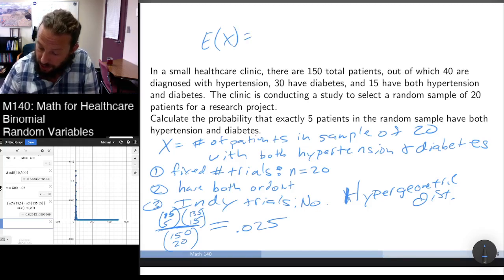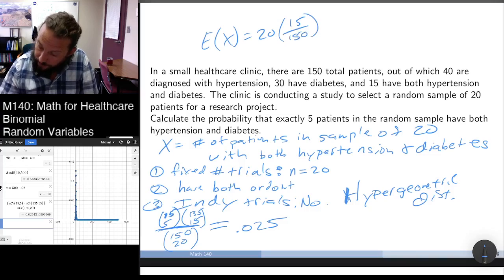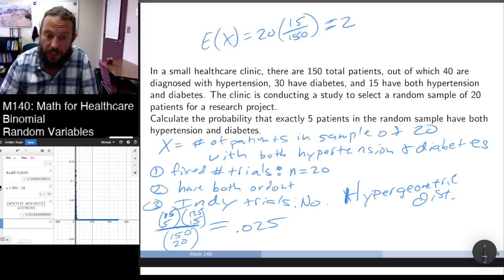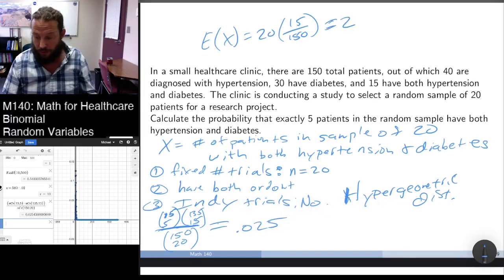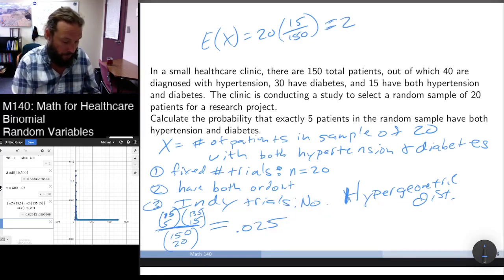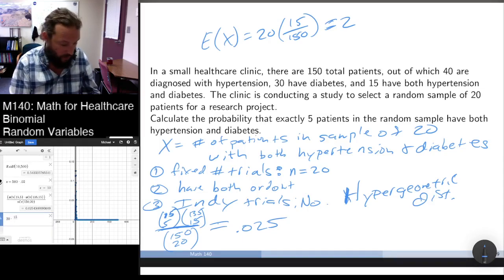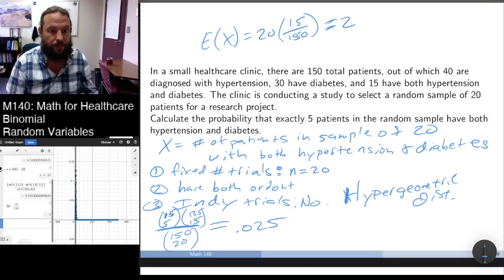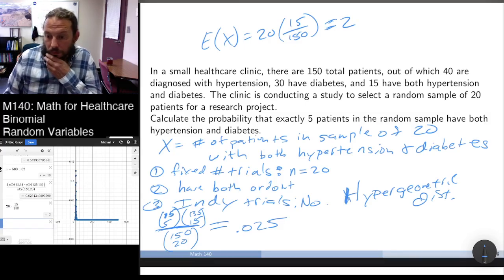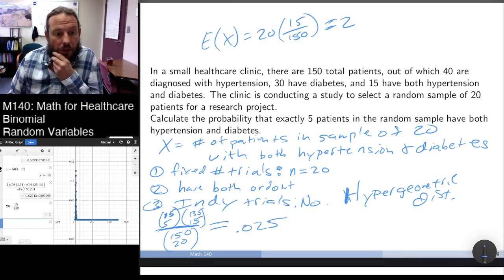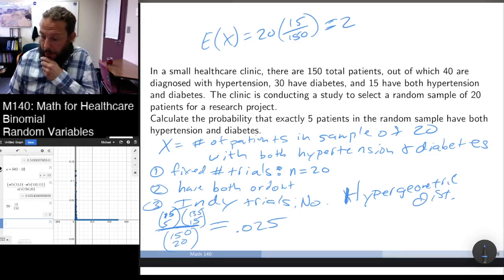So this is going to be 20 times 15 over 150, and that comes out to be 2. Two is our expected value there.